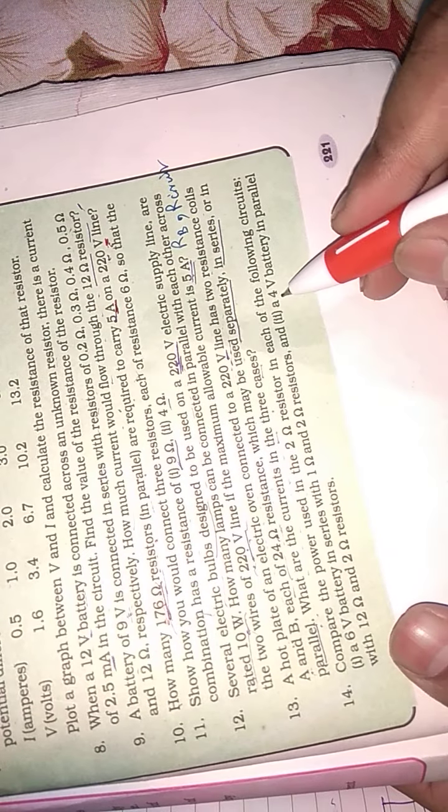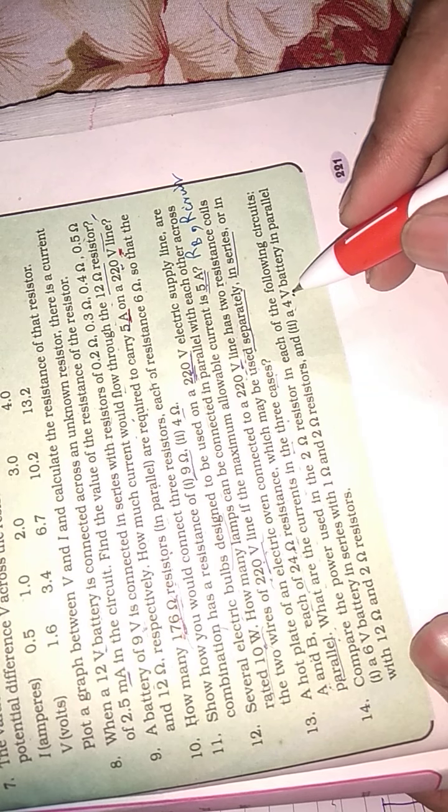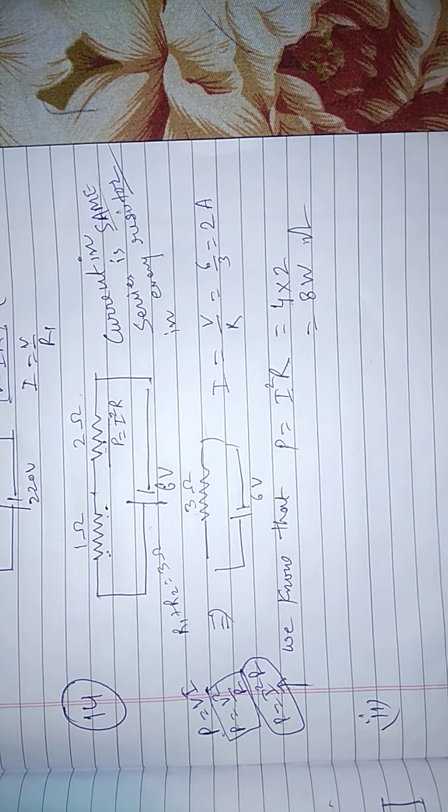The second part is the same. Second is a 4 volt battery in parallel with 12 ohm and 2 ohm. We have to calculate the power using the 2 ohm resistance. Okay, let us draw the diagram.